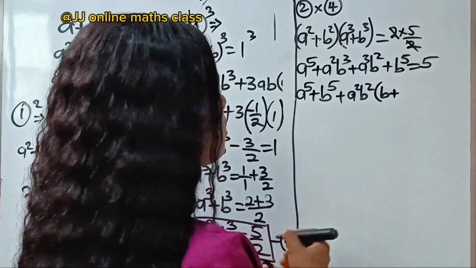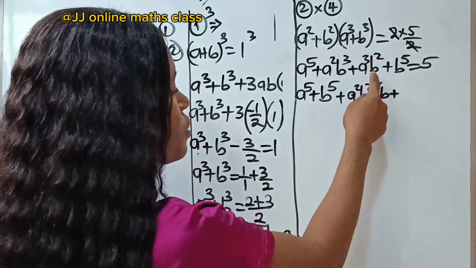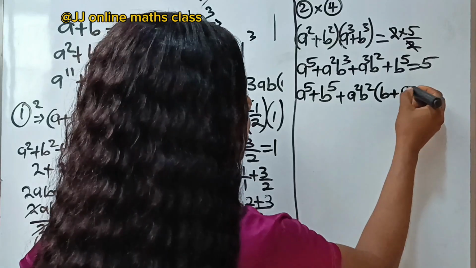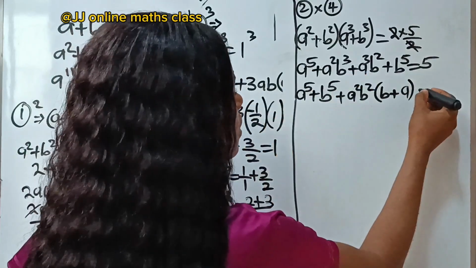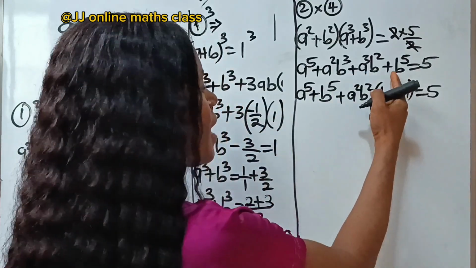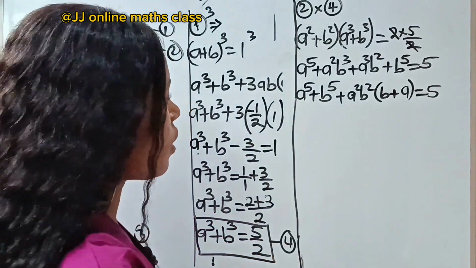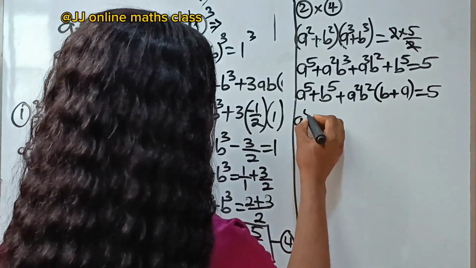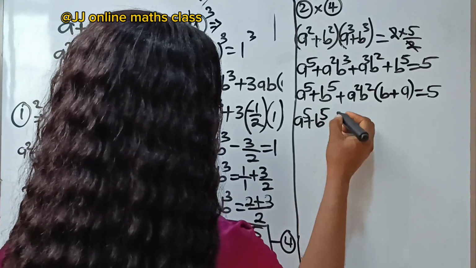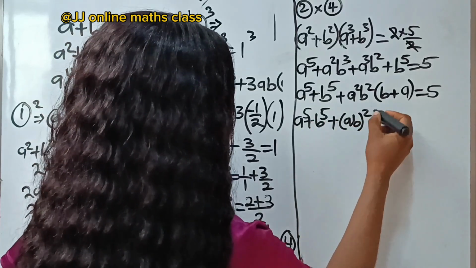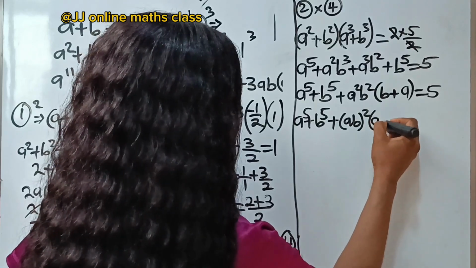Plus a to the power of 3 b to the power of 2, if it's divided by this, you are left with only a. Is equal to 5. Remember that this plus b to the power of 5, we have brought it to this side. Now we have a to the power of 5 plus b to the power of 5 plus, this is the same thing as ab squared, bracket a plus b.